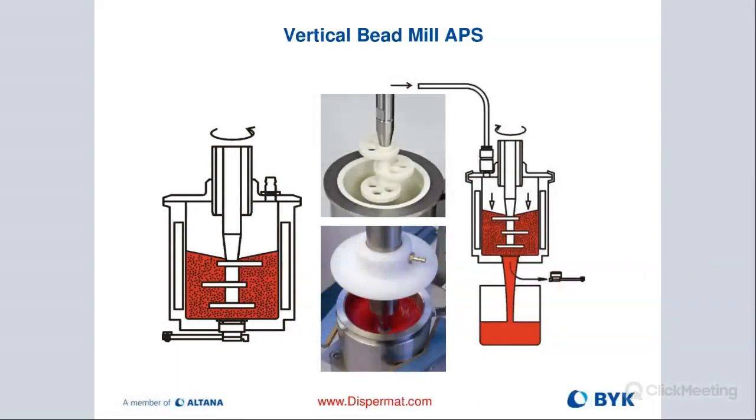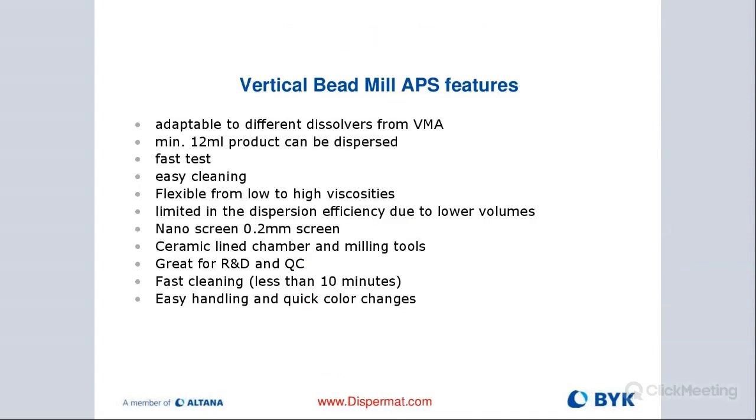Okay, here's another slide. So different milling discs are available. Again, they fit right onto our Dispermats from DMA. We can do very, very small volume with the lowest APS down to 12 milliliters. Very fast, easy cleaning.